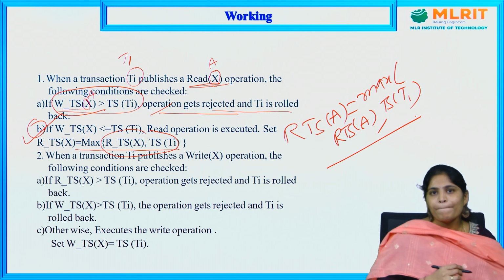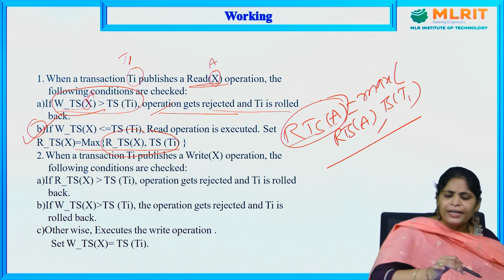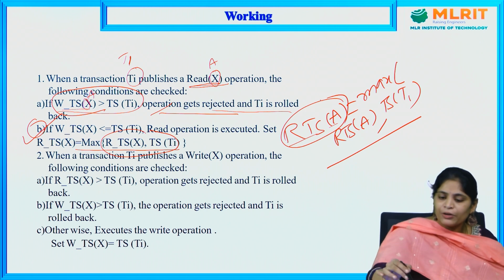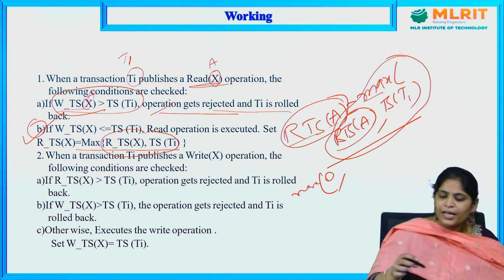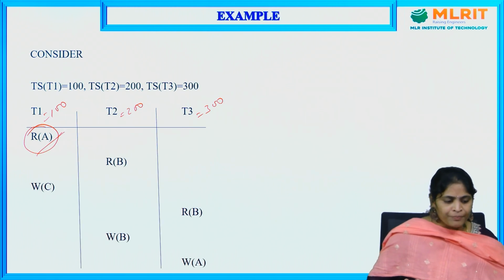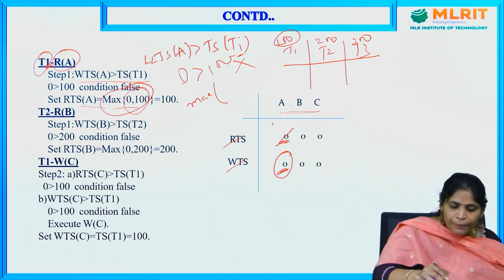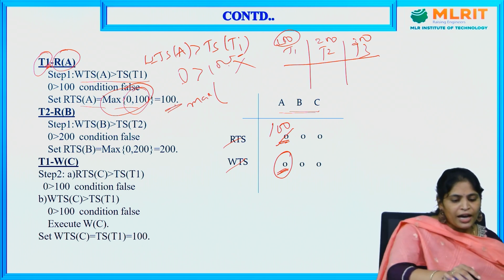This is the formula. So the read timestamp will be updated with the maximum of RTS of A, which is initially 0, and TS of T1, which is 100. The maximum of 0 and 100 is 100. So RTS of A will be replaced with 100.